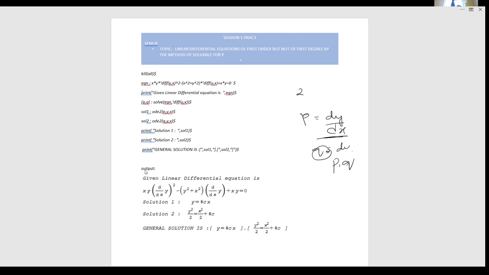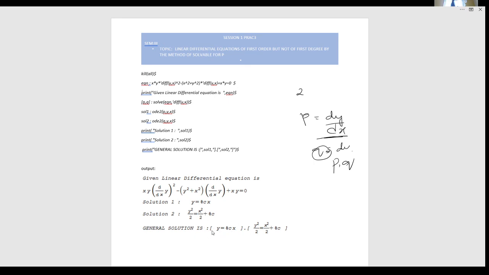Look here, students, the output: the equation we have taken is printed. Given linear differential equation prints as we would write on the blackboard. Solution 1 also prints, and solution 2 too. On solving, we have got two solutions as we did in class. The general solution is the product of these two functions.